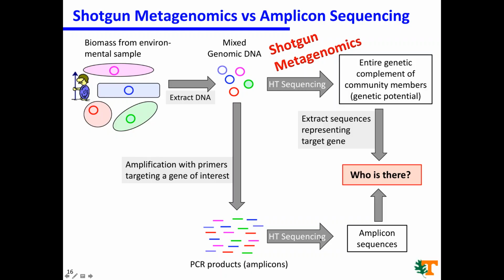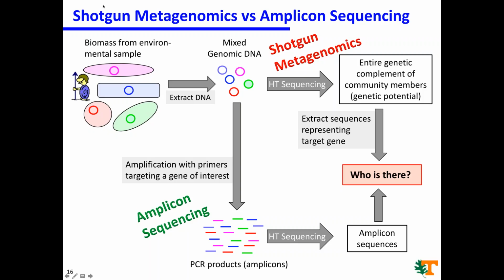And then you apply the high throughput sequencing approach. So what you get are sequences of these amplicons that were amplified in the specific PCR reaction. That gives you the same information, or should give you the same information. Who is there? So this approach is called amplicon sequencing approach. So it's also a type of metagenomic approach because you look at the entire community, but then you down select and only look for a specific gene of interest.